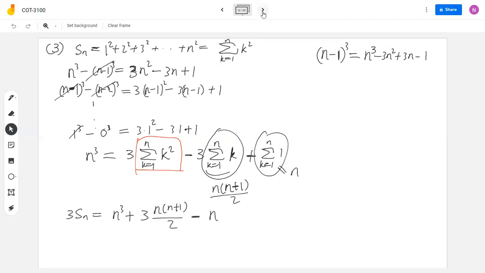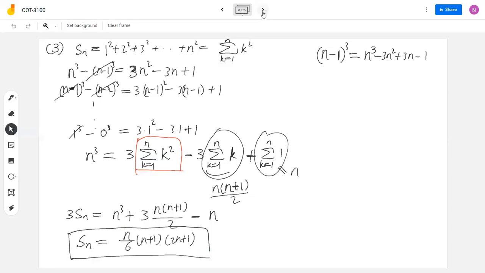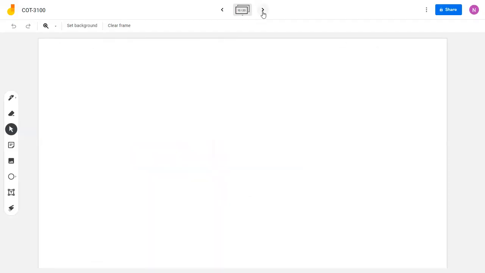And after simplifying, you are going to get n times n plus 1 times 2n plus 1 divided by 6. It's very important you memorize this formula if you can. Okay, let's move to the next one.